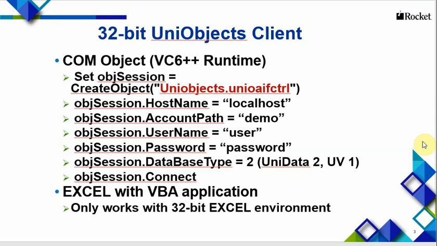And it was used for the 32-bit Excel VBA environment. It's a pretty good tool to work with Excel, and it was for a long time. But right now, the problem is most Excel is 64-bit, so this solution is not working anymore.